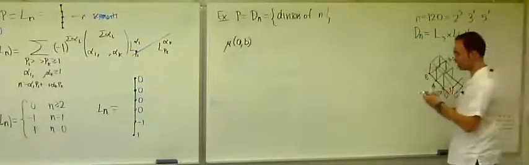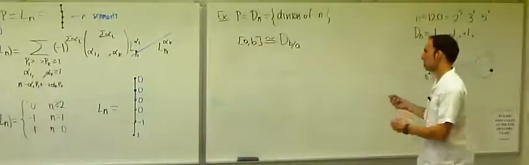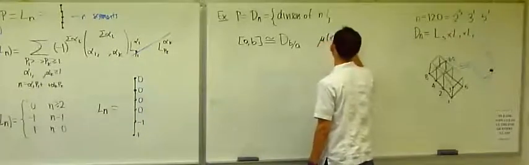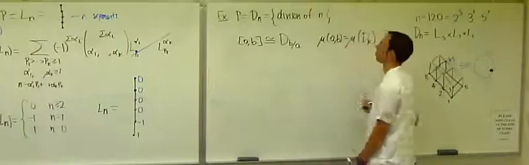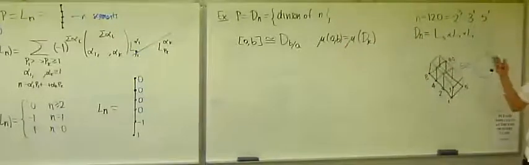So let me say that the interval from a to b is isomorphic to the poset of divisors of b over a. And that means that if you want to compute mu of a comma b, you just need to know how to compute mu of the divisors of something, where k is equal to b over a. So how do you compute mu of Dn?